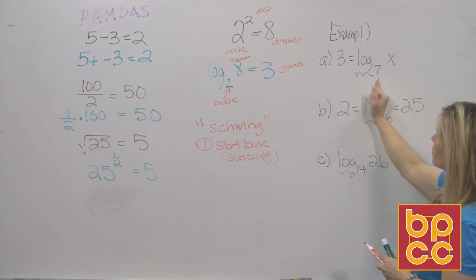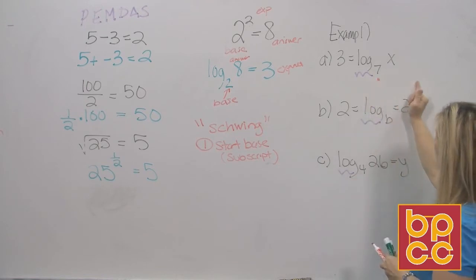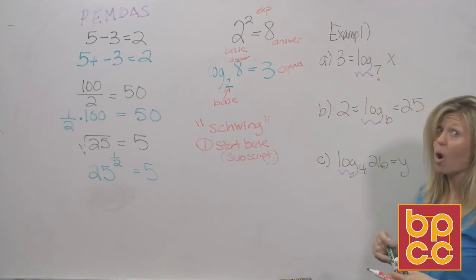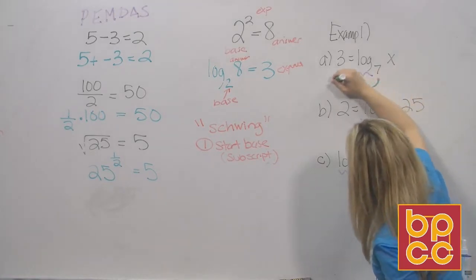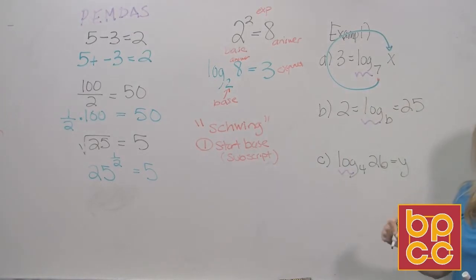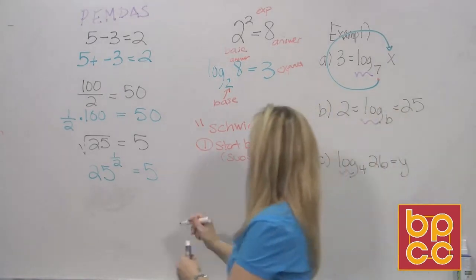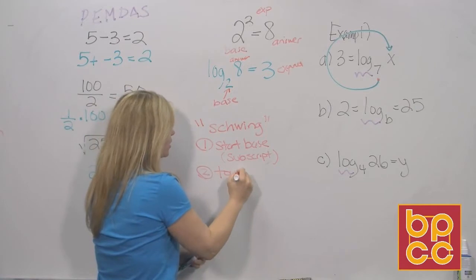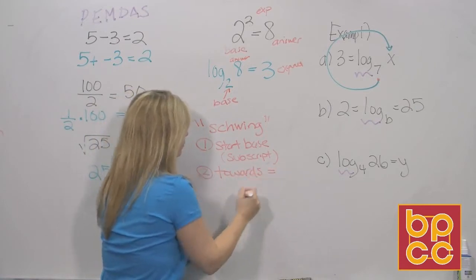So here I'm at the base. To move towards the equals, will I go right or left? I would go left. This is what I'm calling a swing. It is this thing right here. It is a loop. It tells me the order I'm going to write my information, my terms. So to swing, you put your finger on the subscript and you move towards the equals.